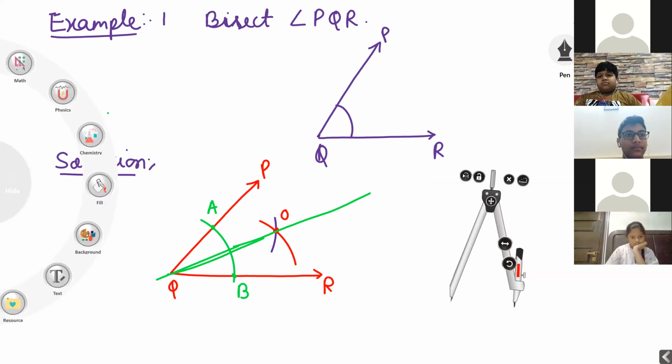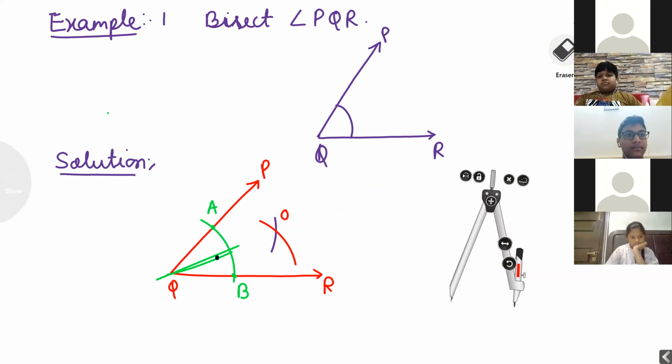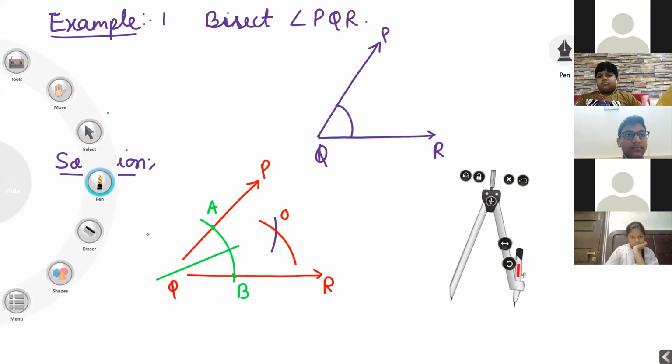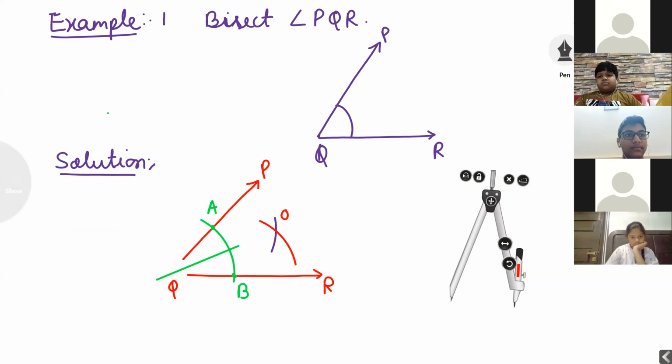Okay. Now this point, which point? O point.